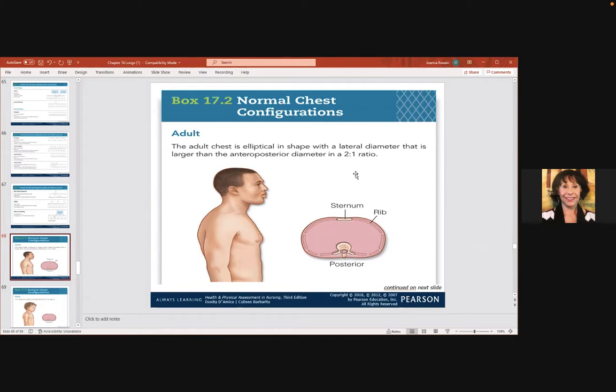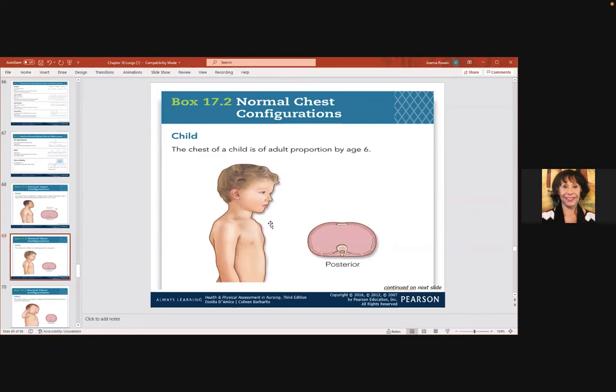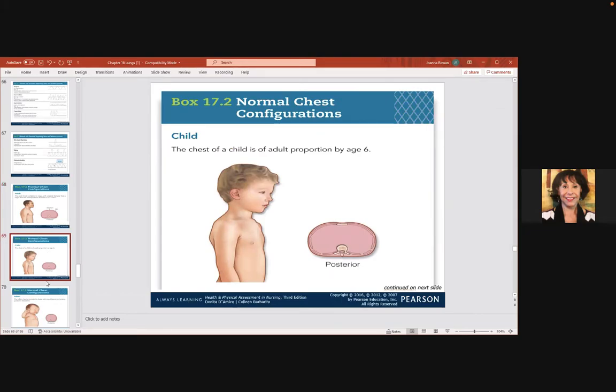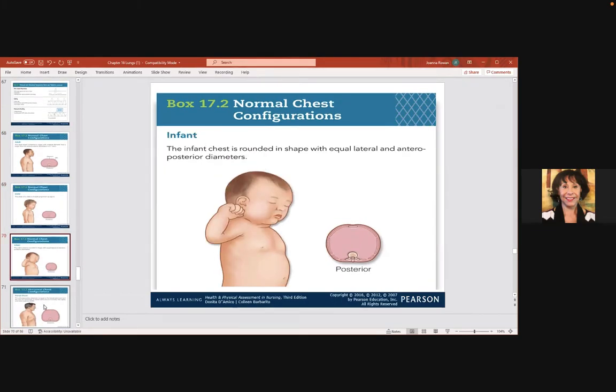The normal should be 1-to-2, but because they are listing it in a different way, that's what it says there. But this is the normal way that it should look. Nothing with the child or the infant.